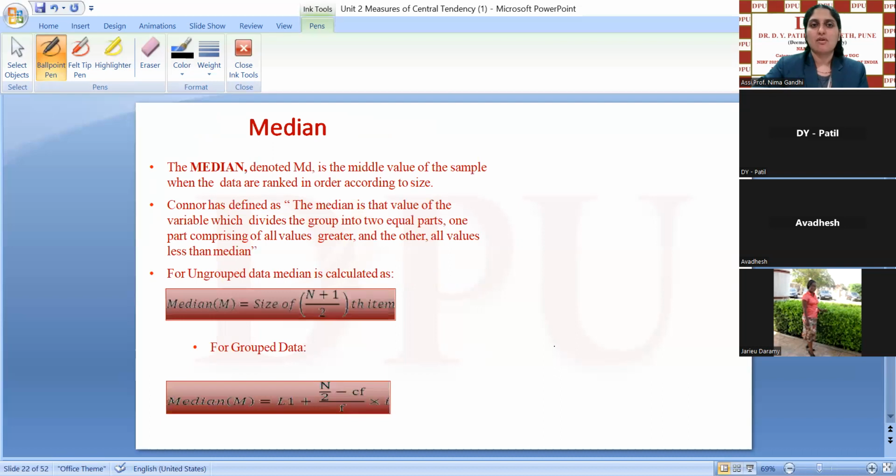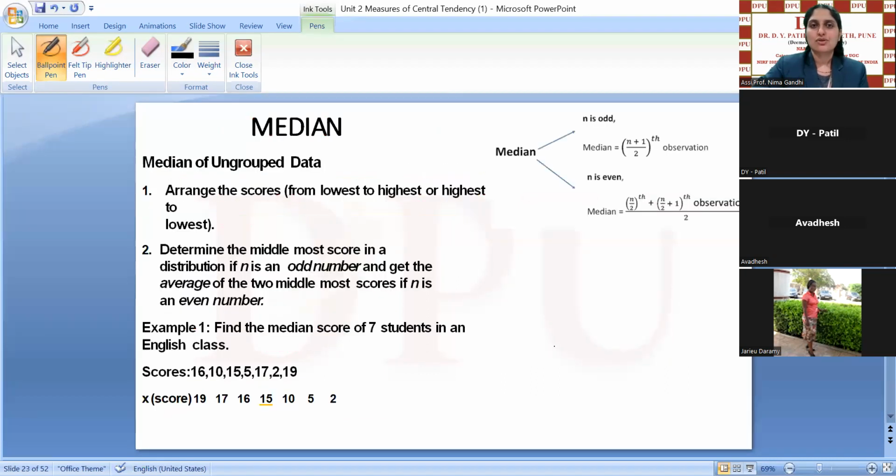So these are the formulae we use. Median is denoted by capital M or MD, that is the middlemost value. Let's take an example and try to solve it. This is a formula for ungrouped data.